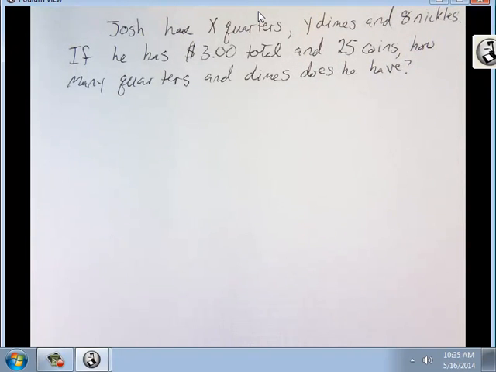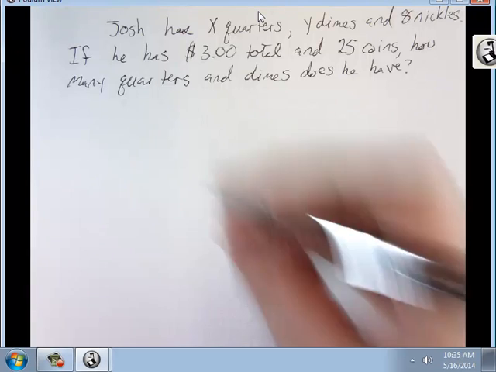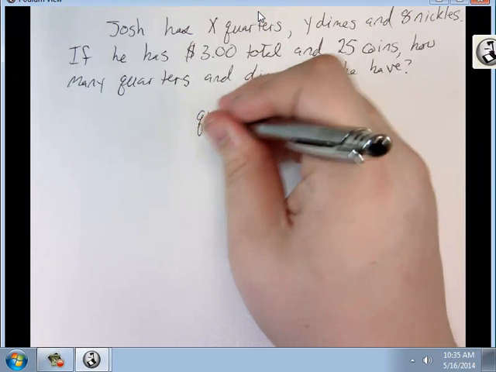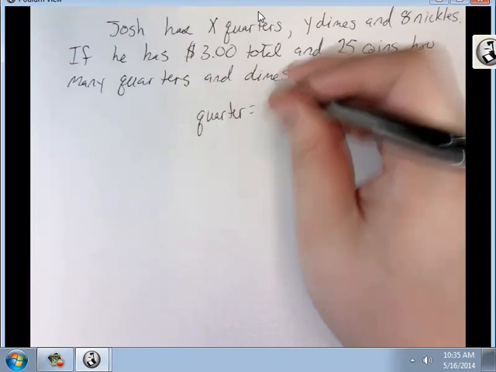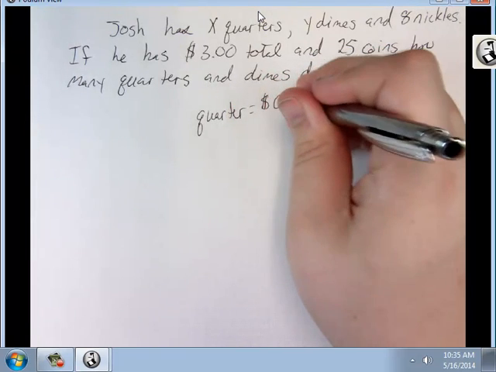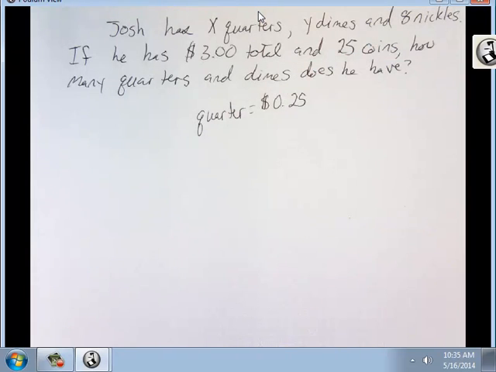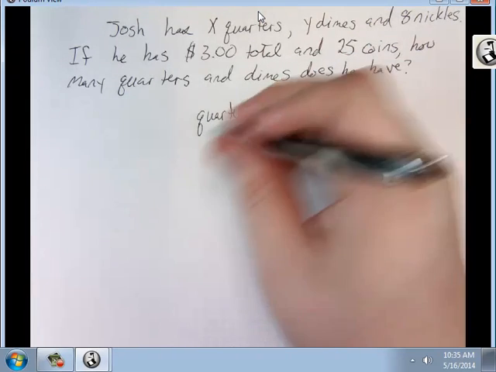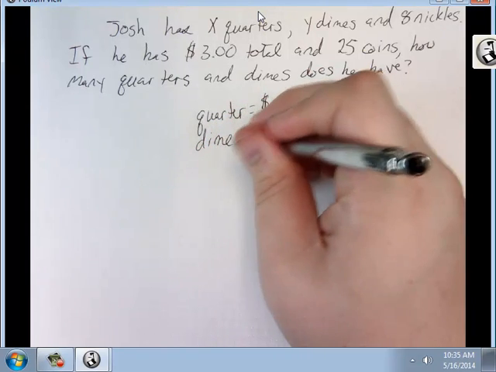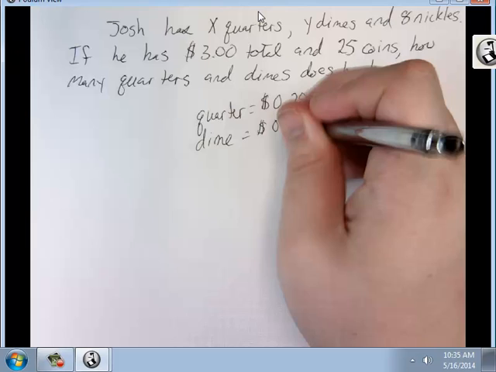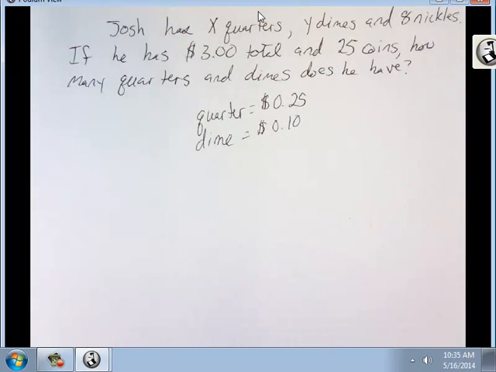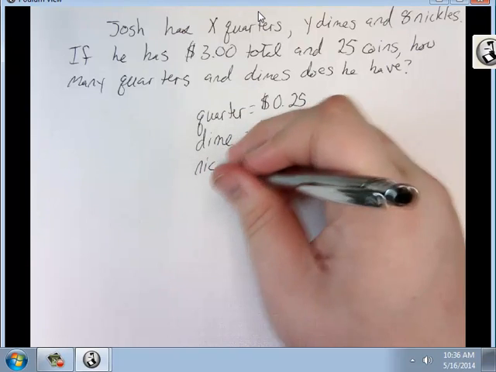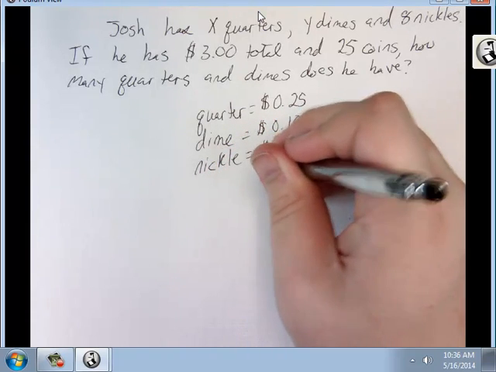Well, what do we know? We know that a quarter is worth $0.25. We know a dime is worth $0.10. And a nickel is worth $0.05.